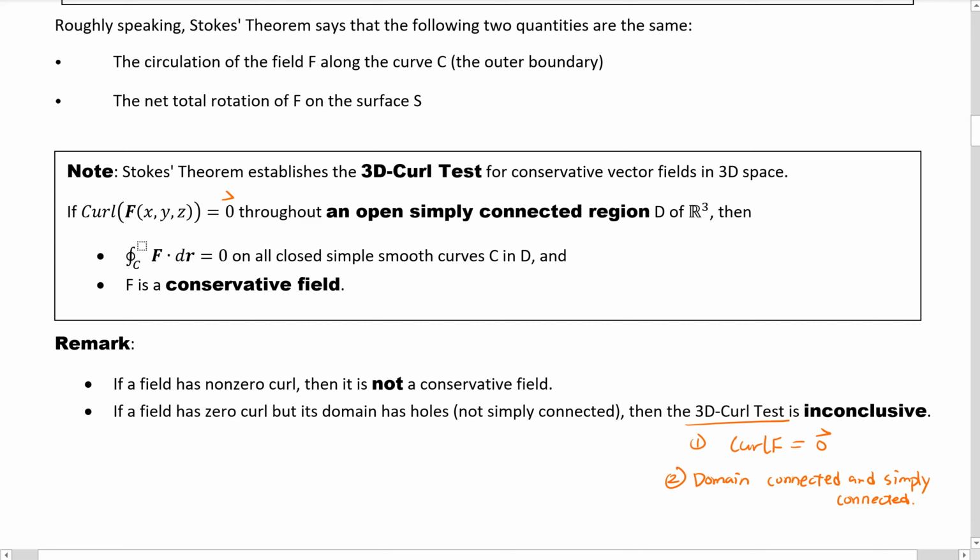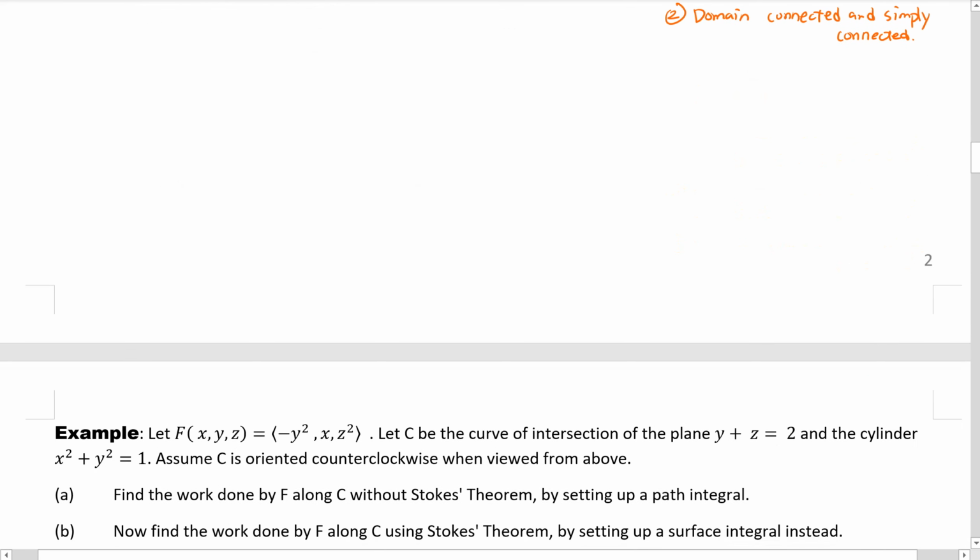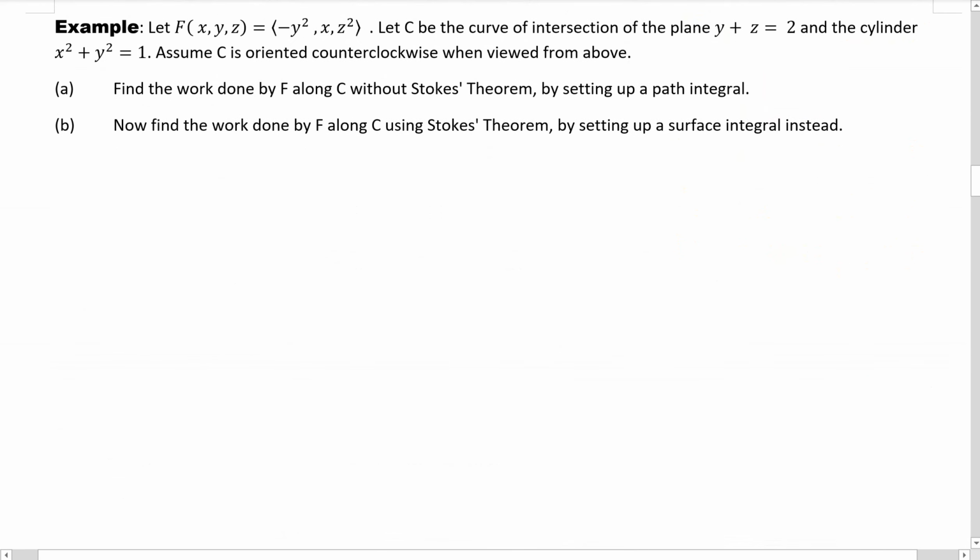All right. So now let's do some examples. Let F of x, y, z be minus y squared, x, z squared. Let C be the curve of intersection of the plane x plus z equals 2 and the cylinder x squared plus y squared equals 1.